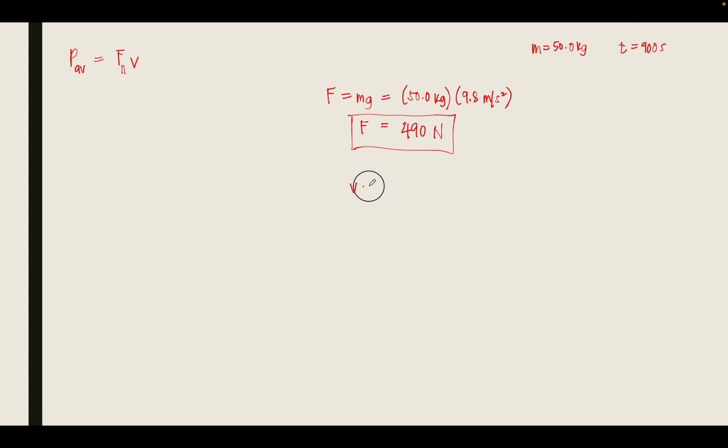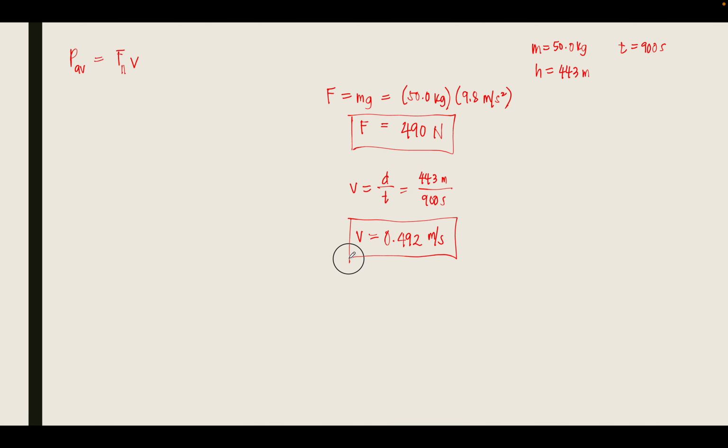The velocity is equal to the distance over time. For the distance, we will be using the height of the building, which is 443 meters. So to solve for the speed, we have 443 meters divided by 900 seconds. 443 divided by 900 is equal to 0.492 meters per second.